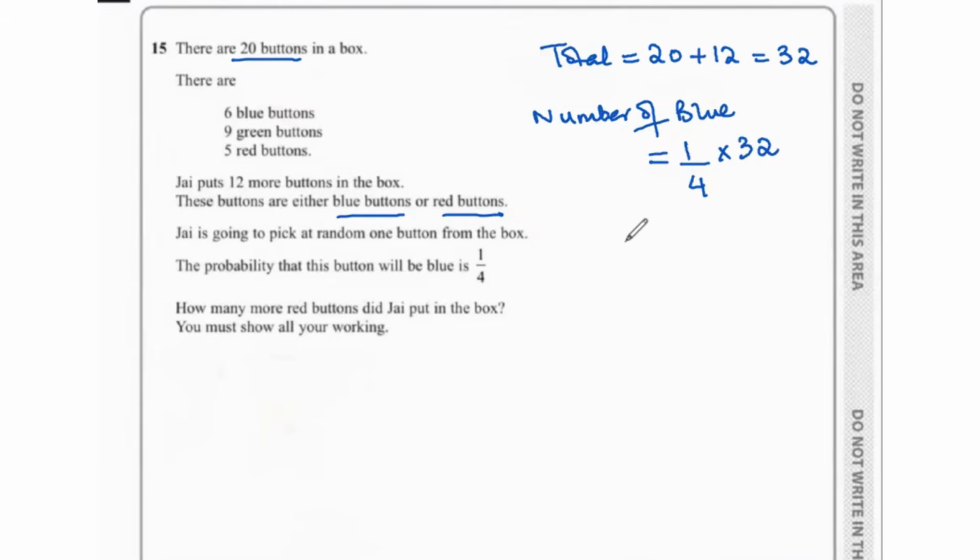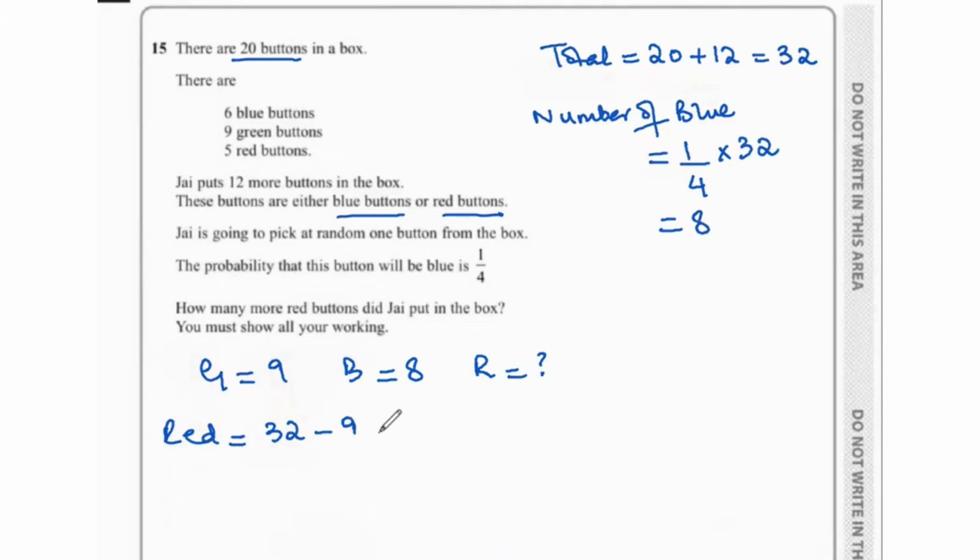So 1/4 of 32 should give us the number of blue buttons. That's going to be 8. 8 buttons are blue. So we know green are 9, blue are 8. So we can figure out red. Red is going to be 32 minus 9 minus 8, which is going to give us 15.